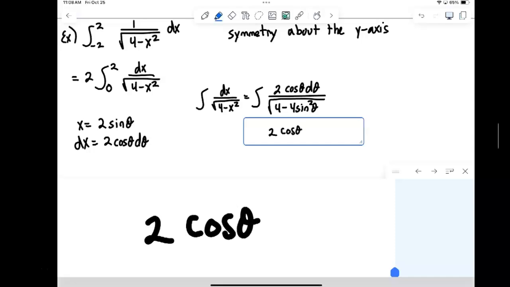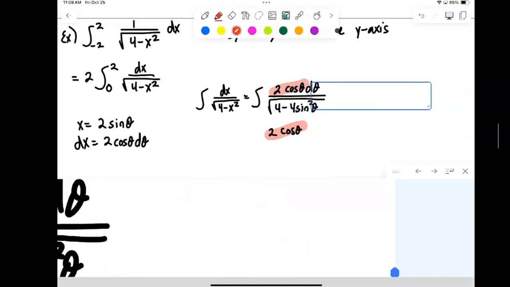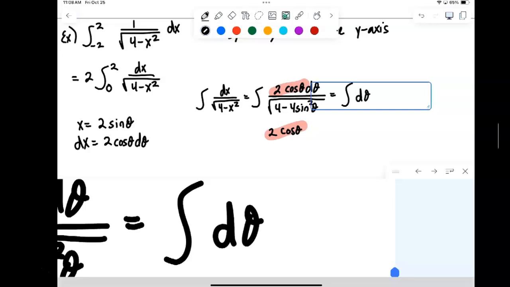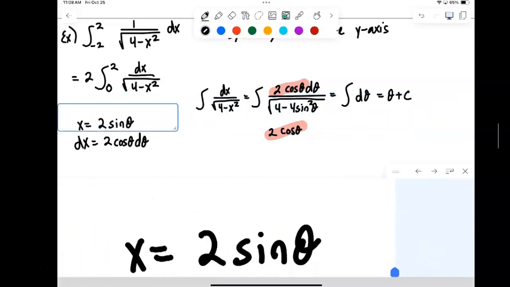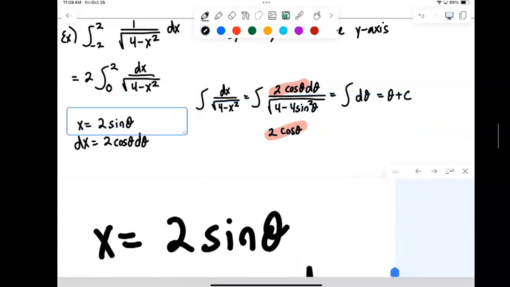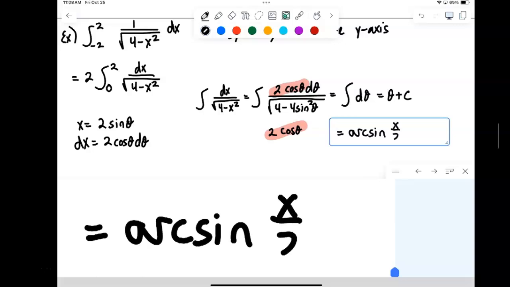So we have a 2 cosine theta in the bottom to cross out with the 2 cosine theta in the top, leaving us just with the integral of d theta, which is theta plus a constant. But since x equals 2 sine theta, x over 2 equals sine theta. Then theta is the arcsine of x over 2 plus a constant.